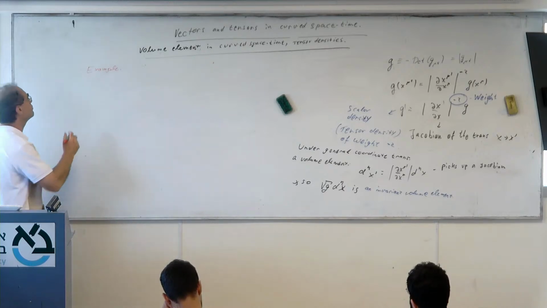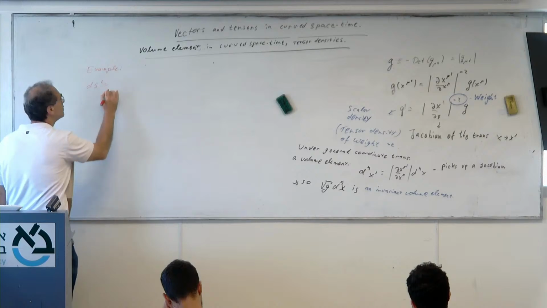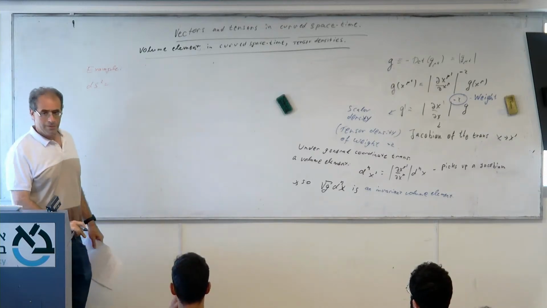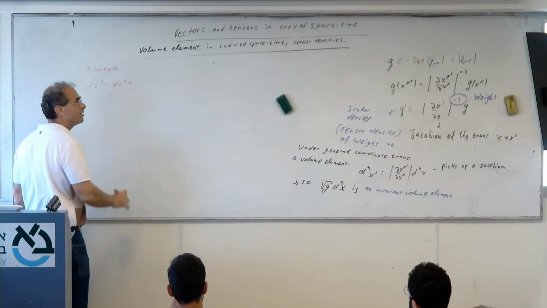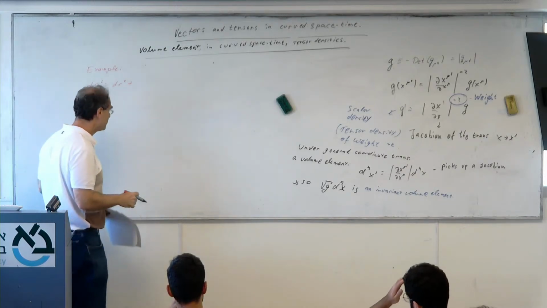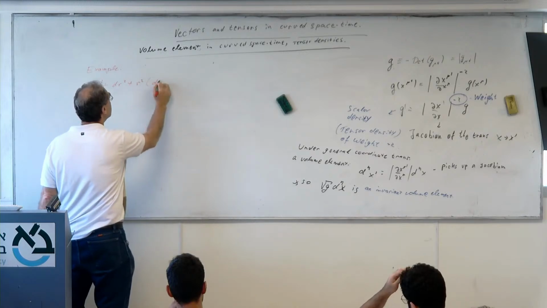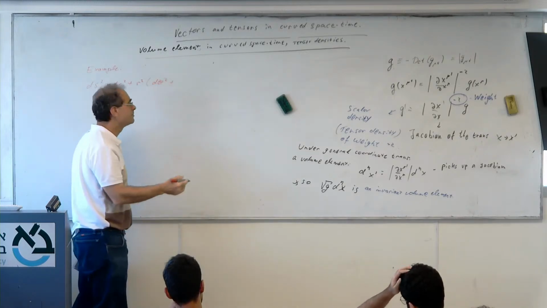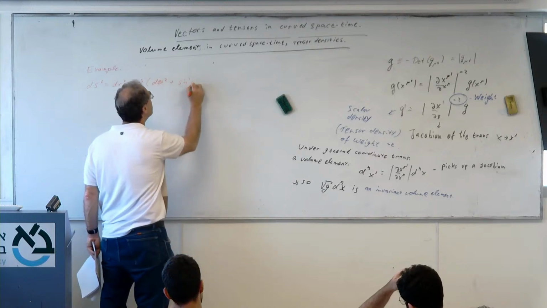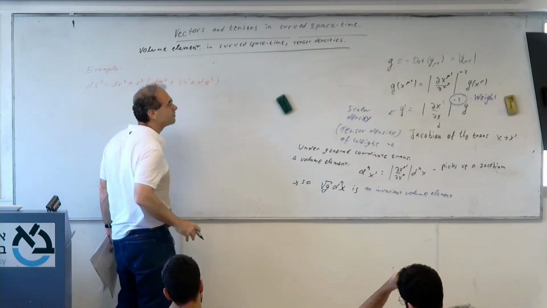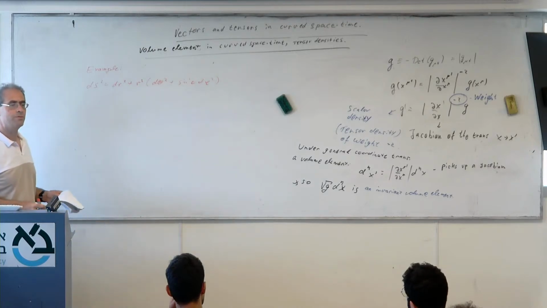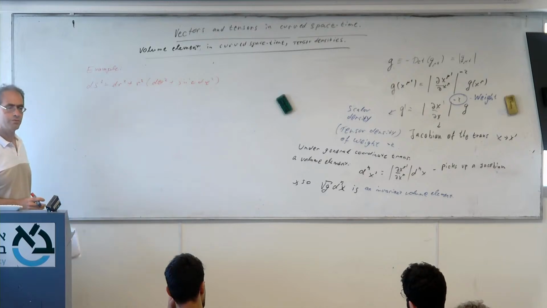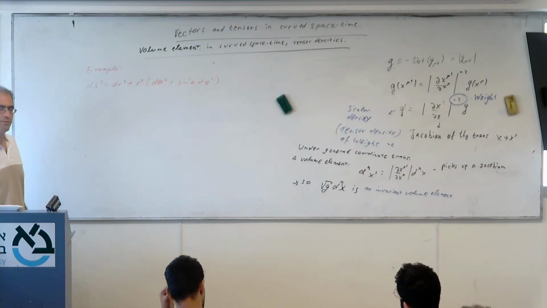And how do I write the 3D space? ds squared is dr squared plus r squared d theta squared plus r squared sine squared theta d phi squared. Maybe the example of 2D polar coordinates would be easier. Okay, that's 2D if you want. I'm giving you now an example of 3D.